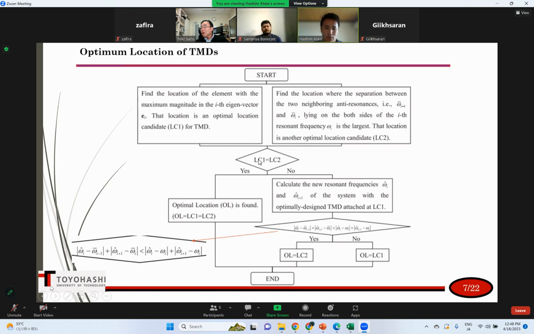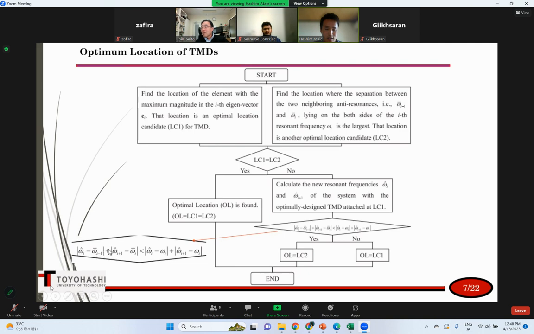If these two approaches give the same location, this is okay. But if not, the resonance frequency of the model to which the first TMD is attached is calculated, and again this formula is used.